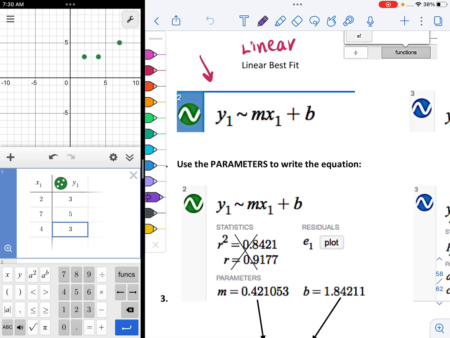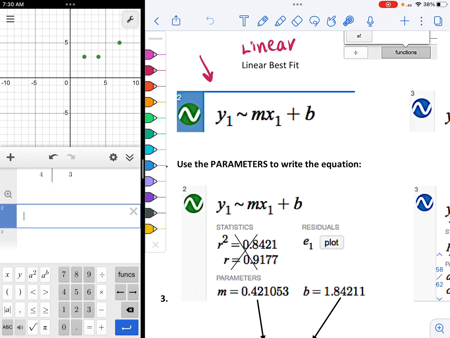So you'll notice this formula looks very similar to your slope-intercept form. The big difference here is that we use what's called a tilde. That's that squiggly line, excuse my alarm there, that squiggly line instead of an equal sign. So we're going to go to a new line here, and we're going to type in that equation. We're just going to press y1.